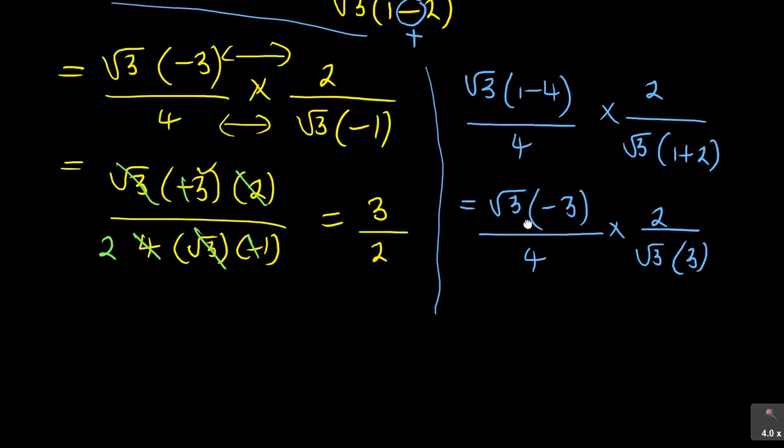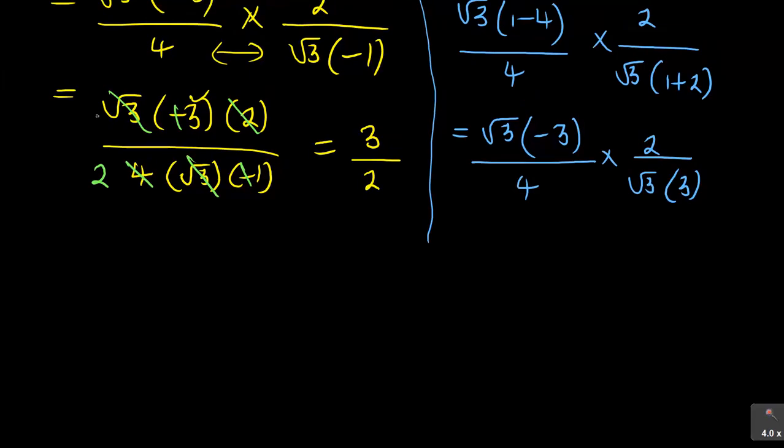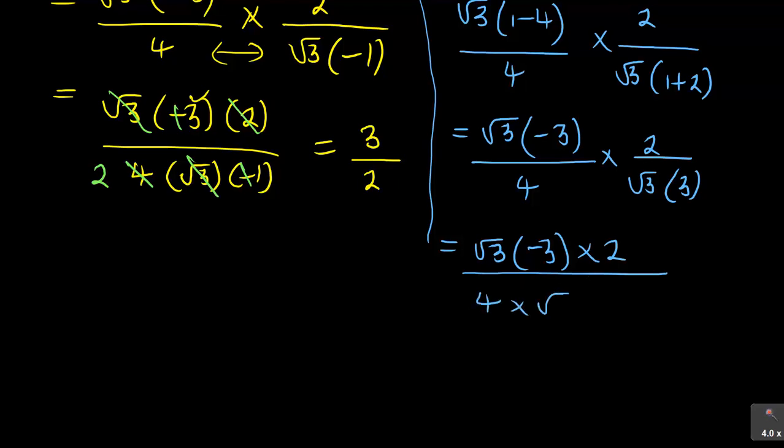So that is where things were going the wrong way. So now, as I said, you are multiplying root 3 minus 3 times 2, just doing exactly what I did. It was just an issue of sign there.